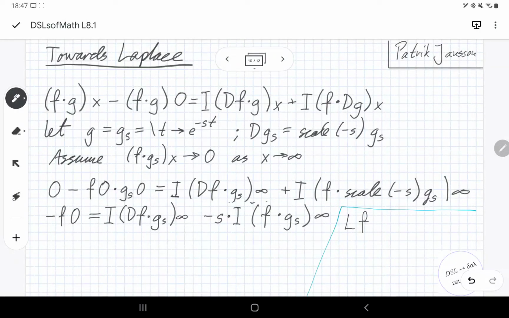So the pattern that I've identified is the integration of f times gs up to infinity. So L of f at a certain point s, because we have to know which g it is, is defined to be the integral of f times gs to infinity, which, as we remember before, is just the integral from 0 to infinity of f times gs.